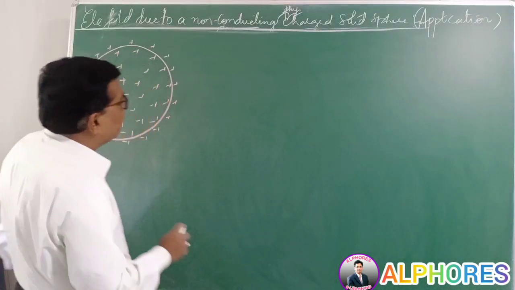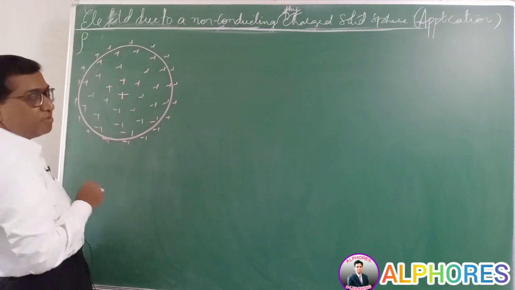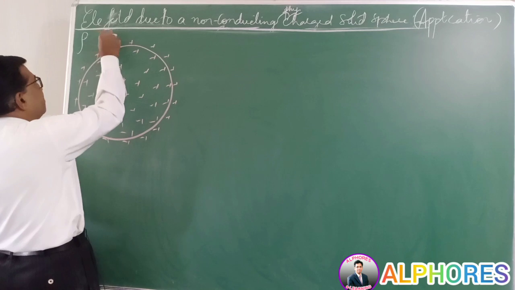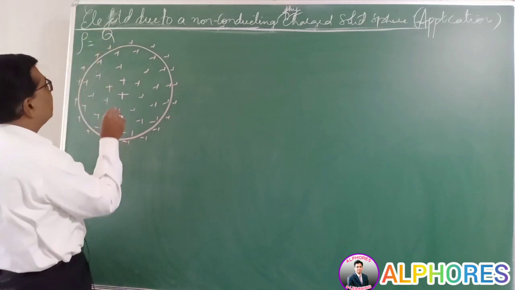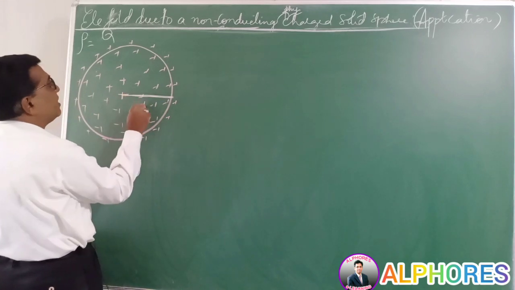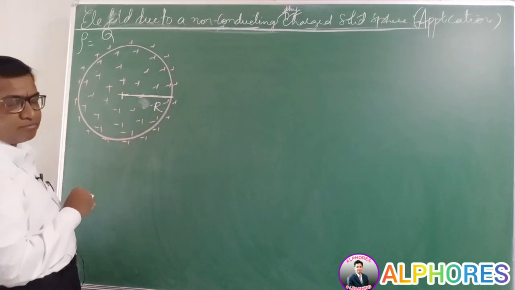So let the charge per unit volume be rho. The total charge of the sphere is capital Q, and the radius of the sphere is capital R.